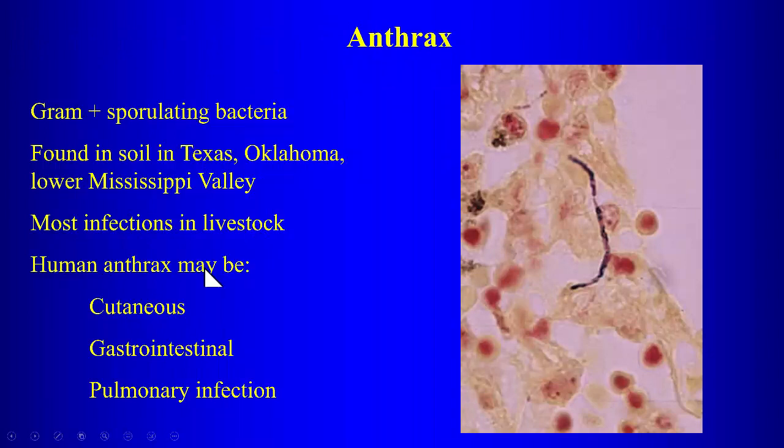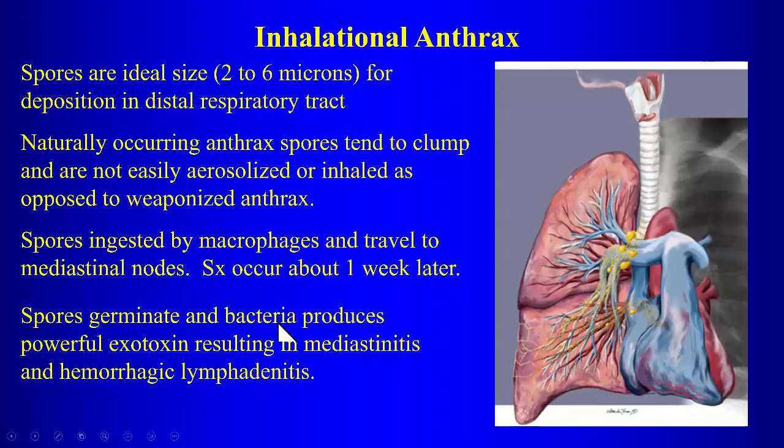Most of the infections that are encountered naturally, though, tend to be cutaneous. But nowadays, of course, anthrax can be weaponized, which means that they make the particles really small so they can get into the respiratory tract, travel in there to give people lung infections with this more weaponized form of anthrax.